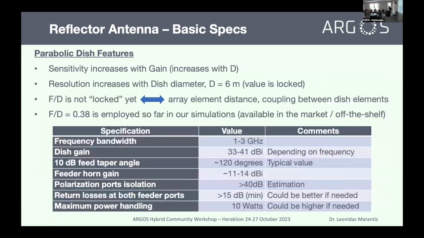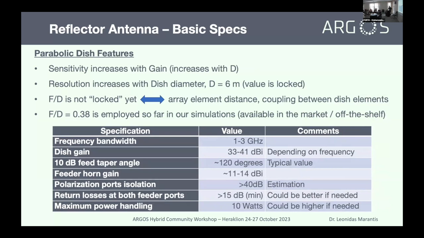And here in this slide, I have some basic specifications about the reflector antenna. Of course, we want the diameter as high as possible. As John mentioned earlier, a spec that we had from the astronomers was to have a diameter of 6 meters, and the F over D ratio is not locked yet. It's actually a discussion point.